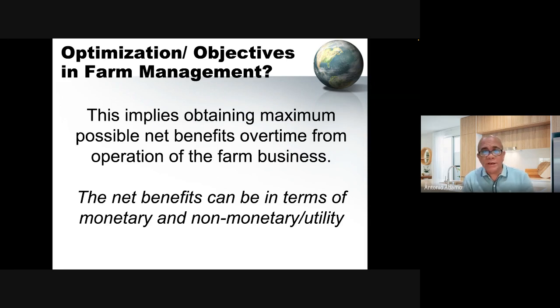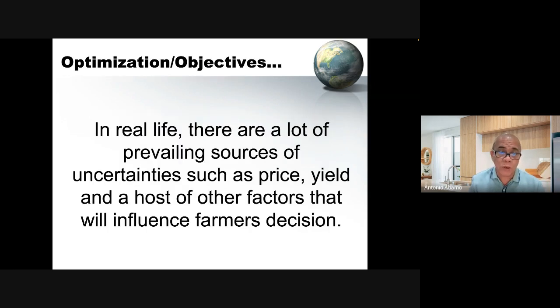So these are the things that need to be considered. Optimization of the attainment of objective. The net benefits can be in terms of monetary or non-monetary. Okay? So that means the net benefit, therefore, should be positive. In other words, if it is positive, it is able to pay both explicit and implicit cost.